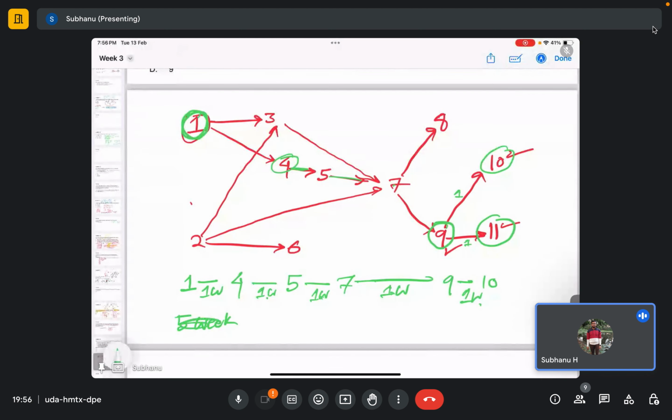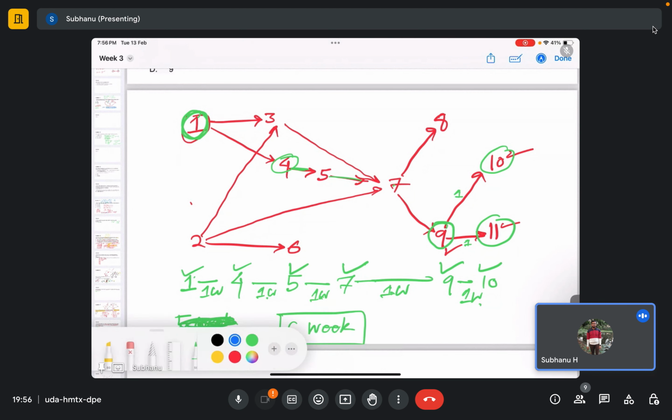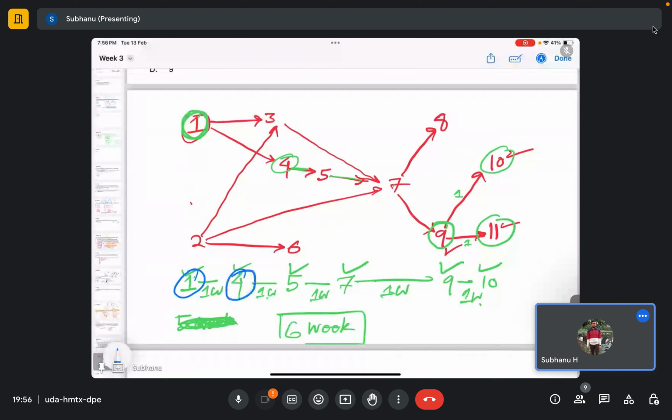So basically each step is 5 weeks. So 1 2 3 4 5 6, total 6 weeks you need. Basically, to complete step 1 you need 1 week. To complete step 2 you need 1, 2, 3 weeks. So to complete the whole process, you need 1.